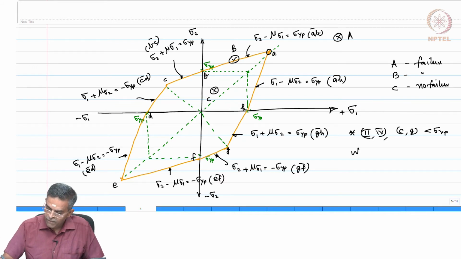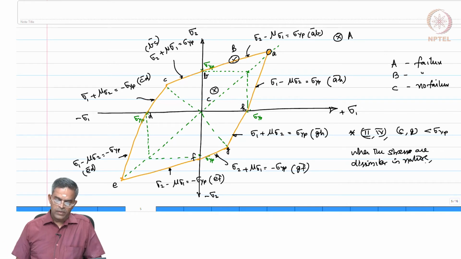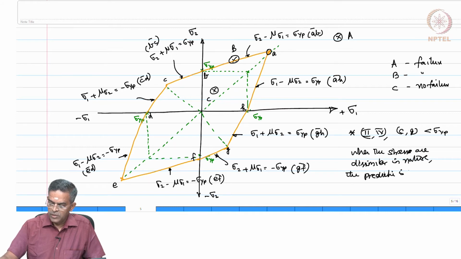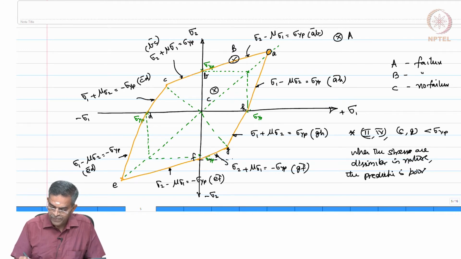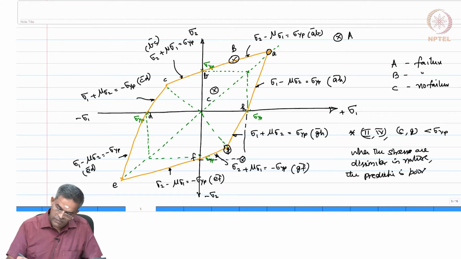It means when the stresses are dissimilar in nature, the prediction of failure is poor, because it says the system fails even before yielding, isn't it? Because this value is not sigma yp, sigma yp is somewhere here, but it fails at G, which is much lower than sigma yp.